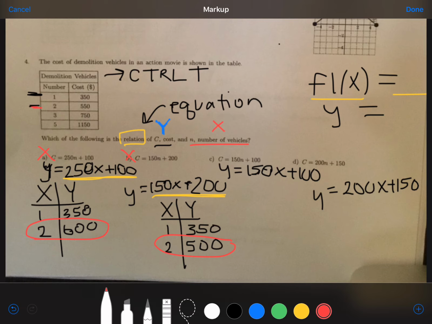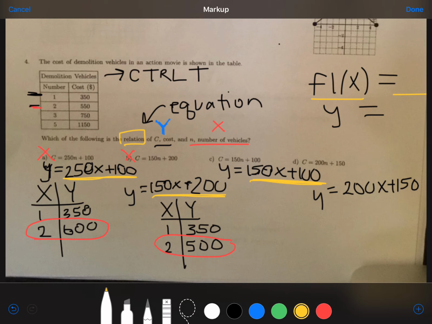Then we're going to do the same for C. I want you to press Control T, get rid of the table. Press Tab and go up to edit the equation. Delete the equation that's there. And then you're going to type in the equation for answer choice C. 150X plus 100.